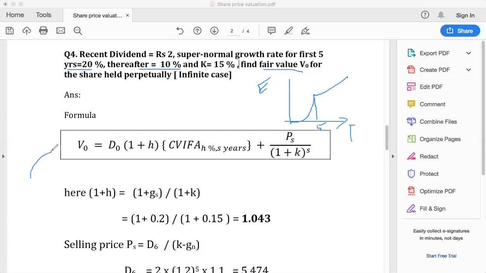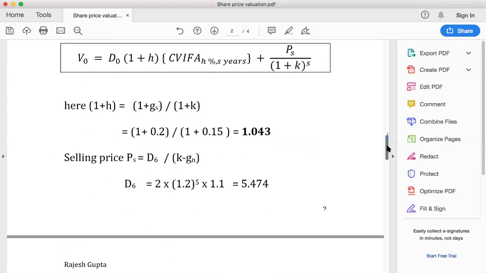We have to, of course, find out the same thing, the present value of the future cash flows, which includes both the dividends and the capital gain. This is the capital gain part of it, but before that, we need to understand that this is not a company which is going at a constant growth. This is a company which is growing at a supernormal growth rate for the first 5 years.